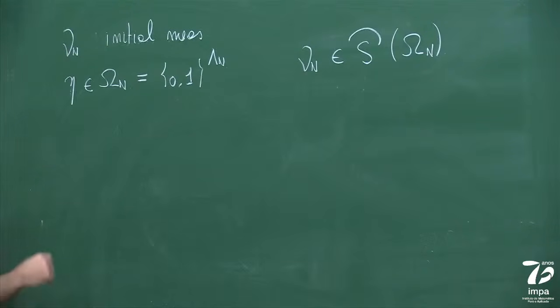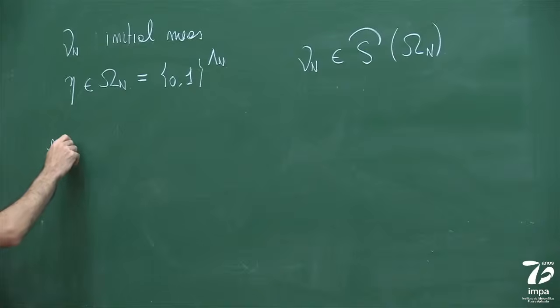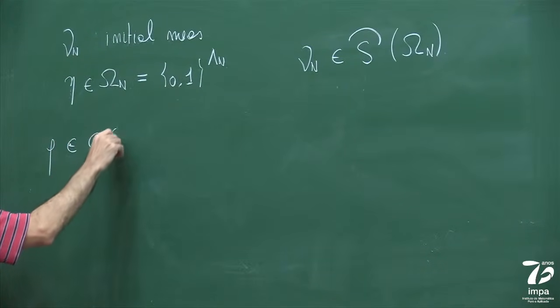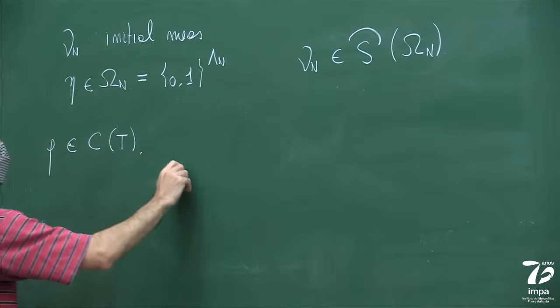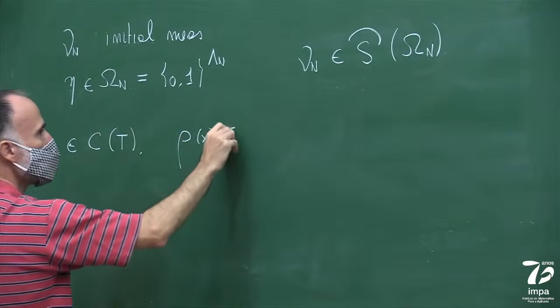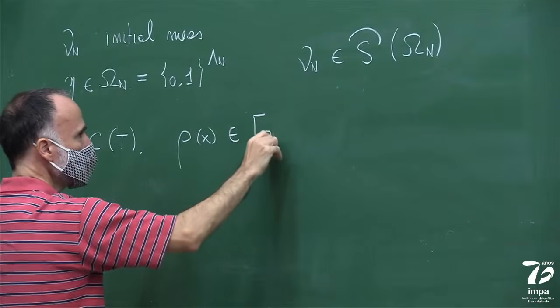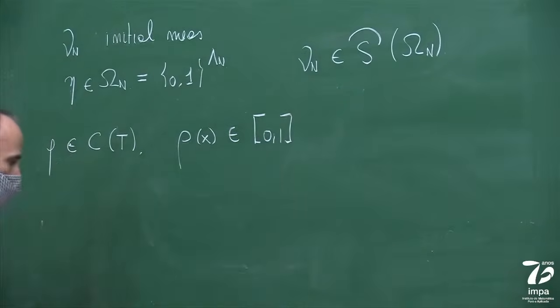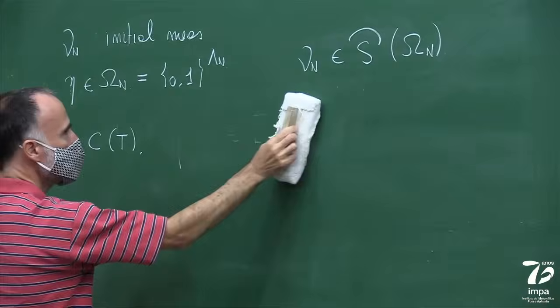And if you want to fix ideas, let's say that I give you a function rho, which is continuous on the torus, and such that rho x takes only values between 0 and 1.